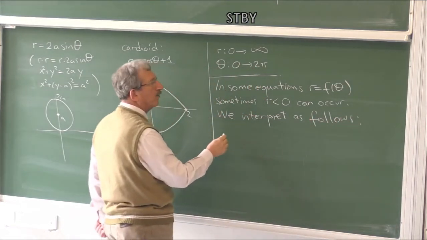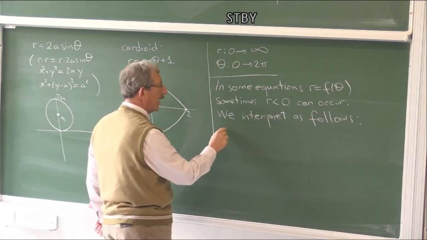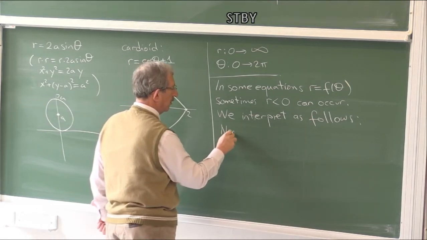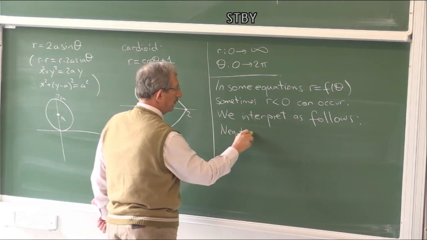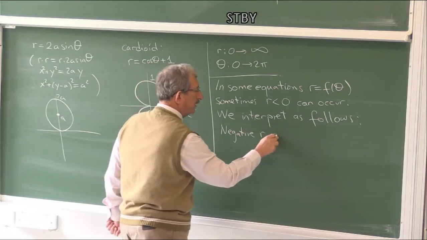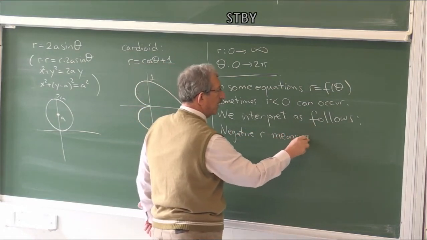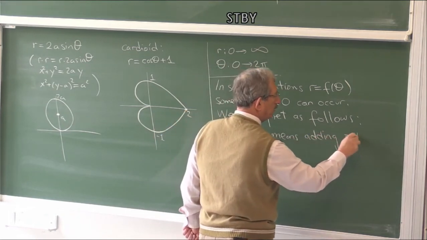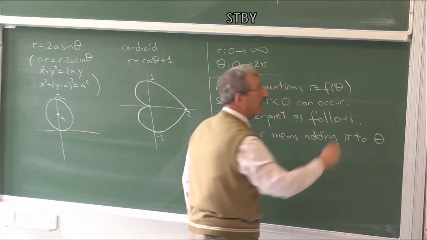Okay. Well, a negative r means adding pi to theta.